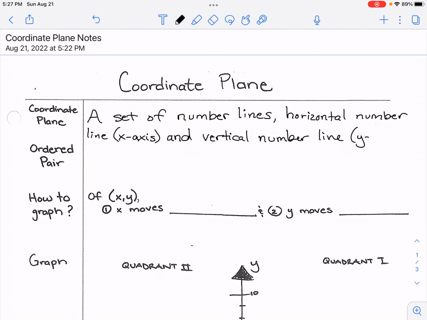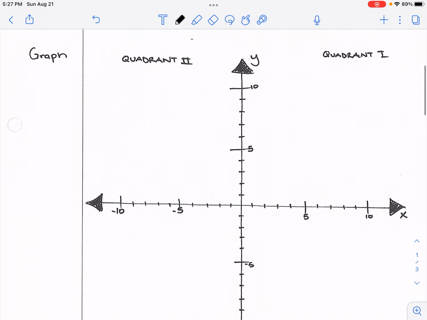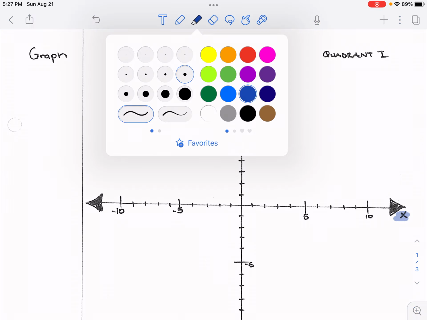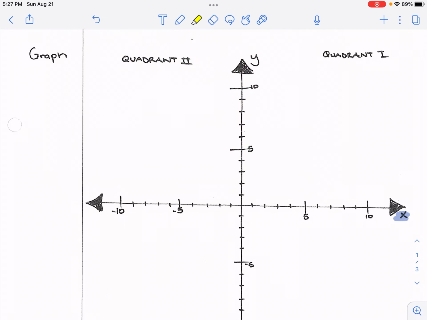We can see that here as well: the x-axis is our horizontal number line, and then our y-axis as well. So it's just using two number lines. I think we're more familiar with the horizontal number line, but it's like we're joining these two things.